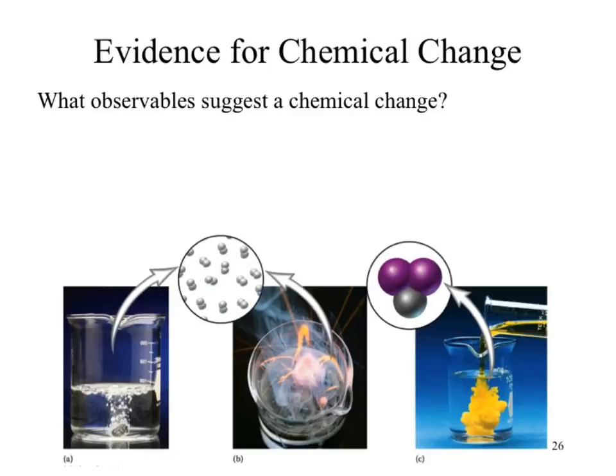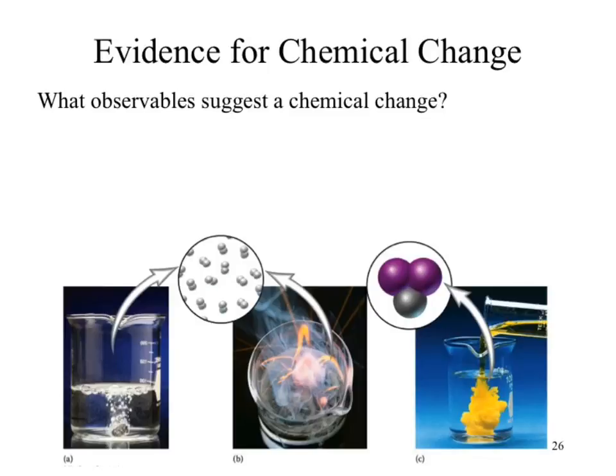Should I get a phase change? I should not get a phase change. Why am I getting a phase change? There's energy being supplied somehow outside of a heat source. That energy supplied is chemical energy. There's our chemical reaction. So just because we have a phase change doesn't mean we have a chemical reaction, but it is something that could signify it.